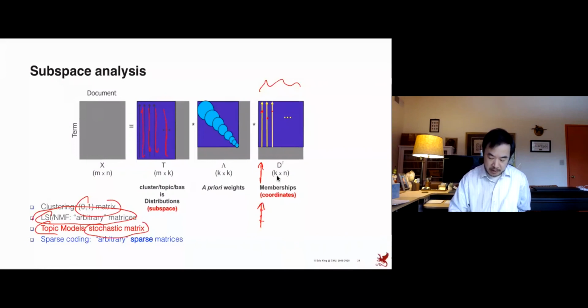Sometimes you can also make this matrix sparse, meaning that it's favored to have a fewer number of non-zero elements in here. How few? Well, it depends on the strength of your regularization or constraints. But that's actually another free parameter people can tune. But the resultant method is also known as sparse coding.